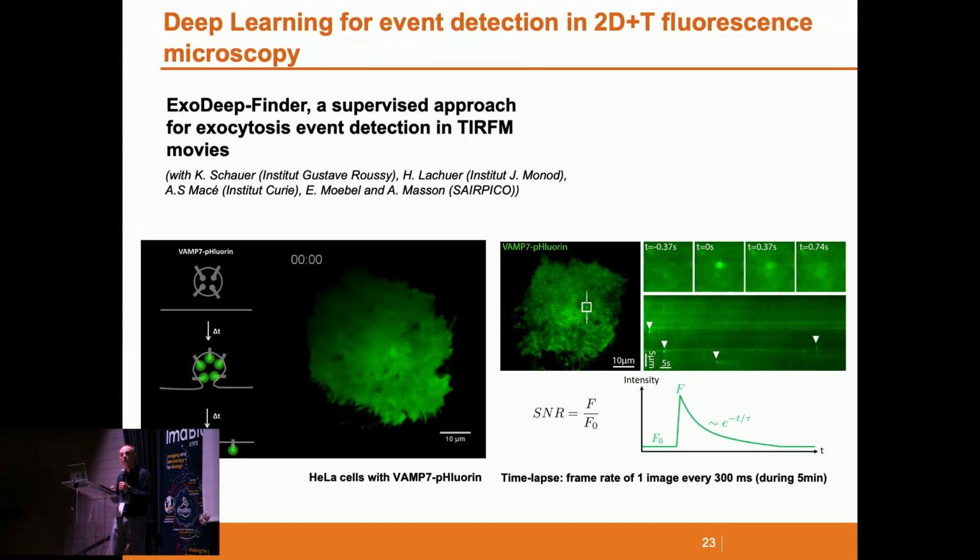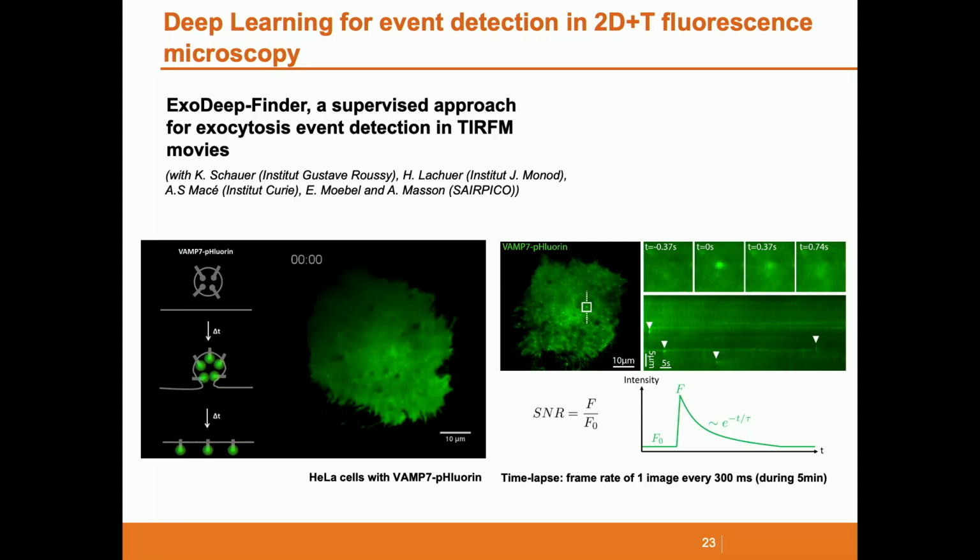And all of them are more or less based on the following idea. Because we have a pH sensitive probe, during when the vesicle is very close to the membrane, you observe a peak of intensity, right? And then a decrease because you observe a diffusion in the lateral direction, right?